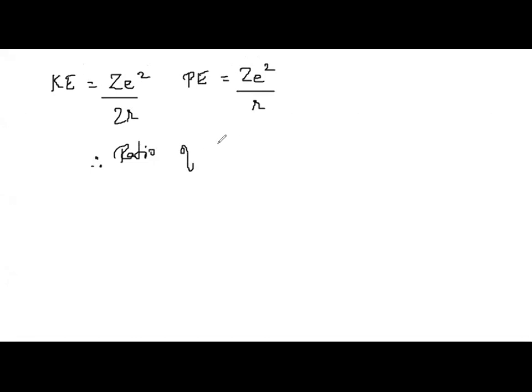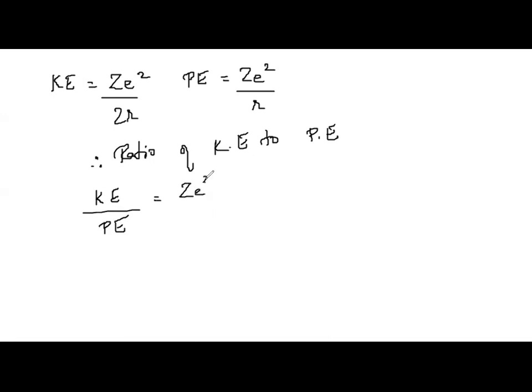Kinetic energy in Bohr's orbit, they have said. So it is Z into E square by 2R. This is the formula according to Bohr's model. Potential energy, it is Z into E square by R. They have asked us the ratio of kinetic energy to potential energy.